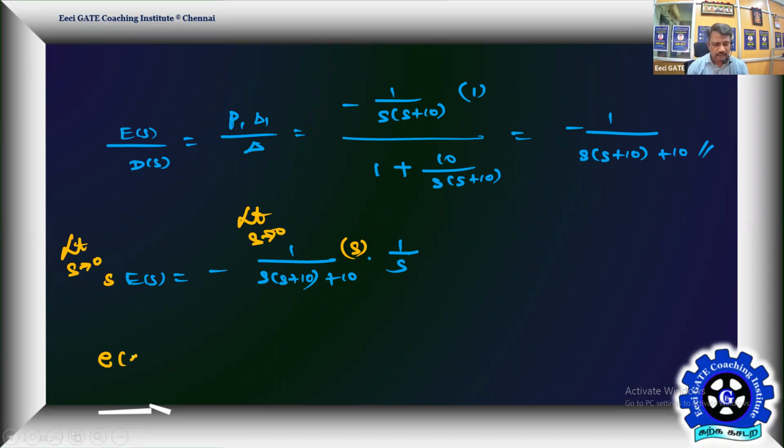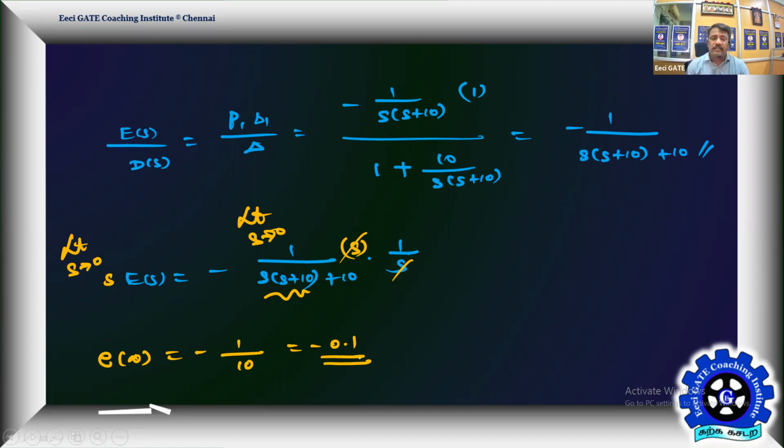The resultant is E of infinity. Now this S and S will get cancelled. Safely you can apply S equal to 0. The first term will vanish. You'll end up with minus 1 by 10. Then -0.1 will be the answer.